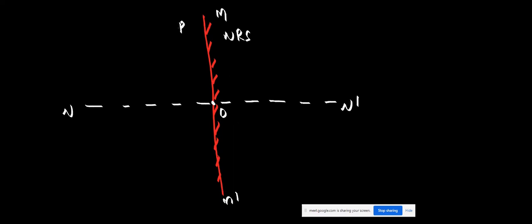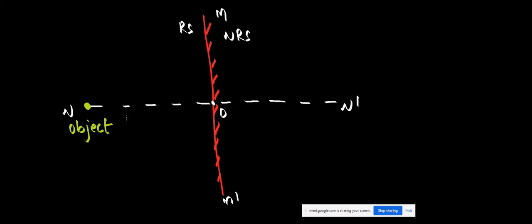So point of incidence O, and this is the normal N dash, this is mirror M dash, NRS, this is RS. Where do we take the object? Let me take the object here itself. Okay, object.